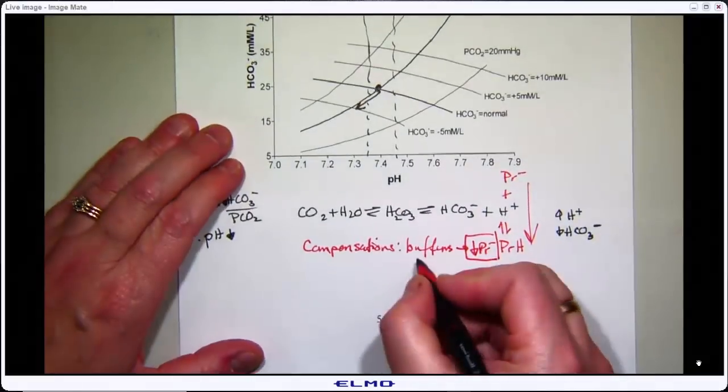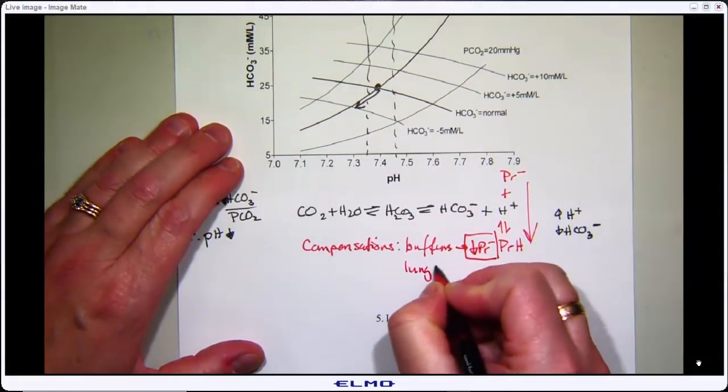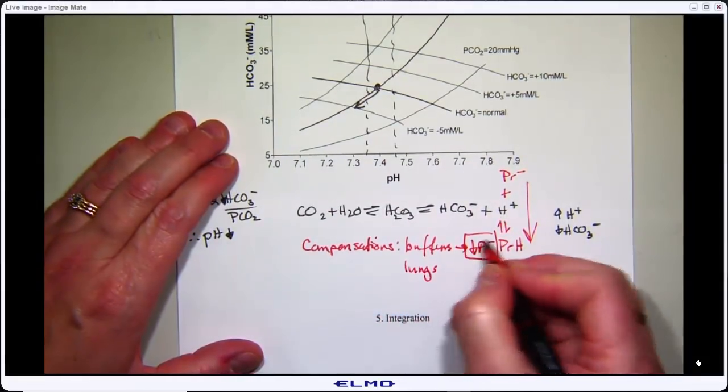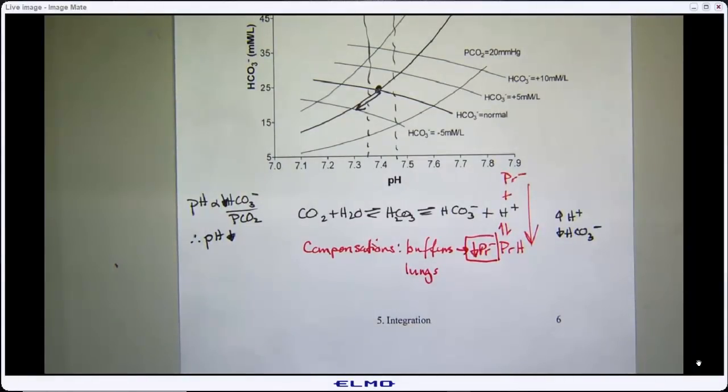So at the level of the lung, we have a problem here because we know based on the Davenport diagram that we do need a change in CO2, and a change in CO2 would really help us, right? But in order to change CO2, you have to provoke the system to change respiration. And at the moment, we have no provocation to do that.